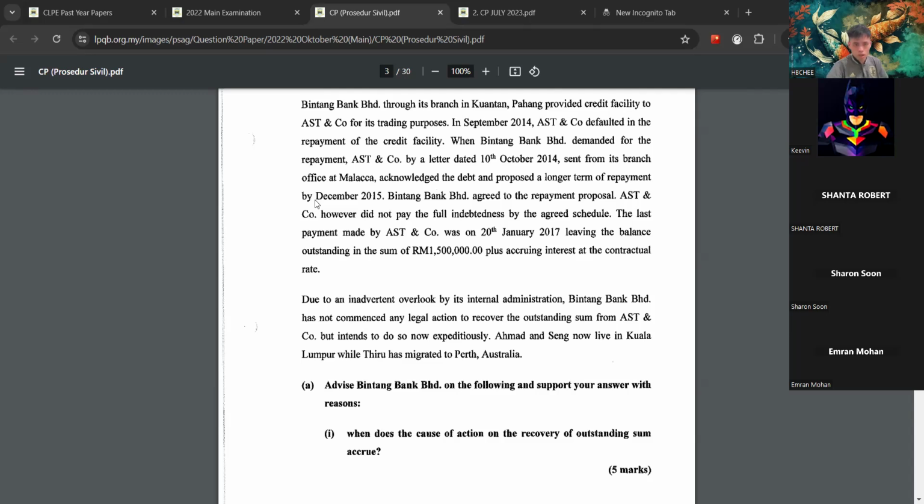Does anyone not understand how I address this answer, how my answer comes about, or why I put January 2017 as the day the course of action accrued?